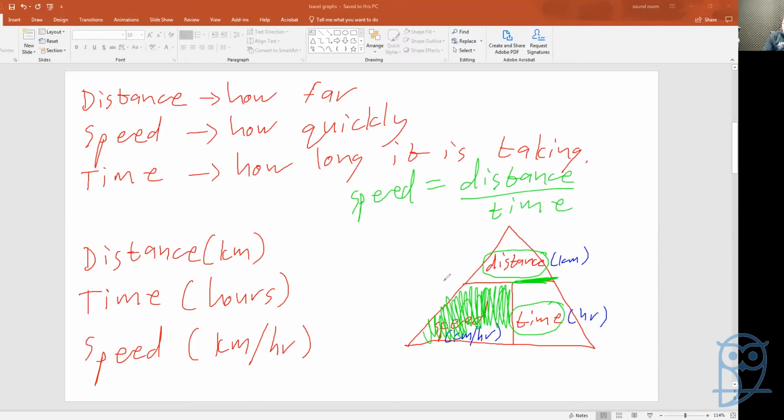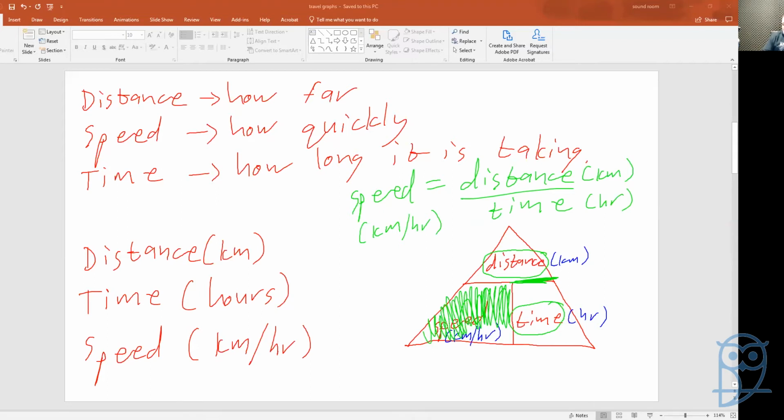And that also makes sense because my units for distance are kilometers. My time unit is hour, and I'm dividing. So in essence, it becomes kilometers over hours. It's important to remember that your units actually give you everything you're going to need because they are derived from the actual calculation.